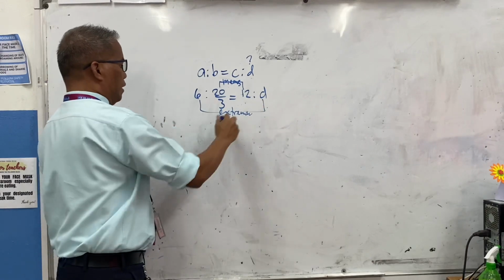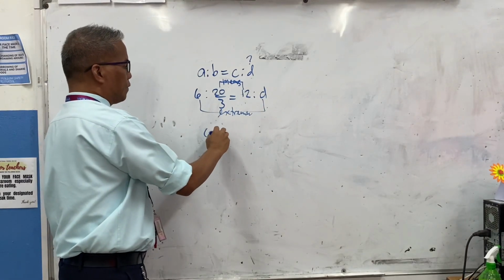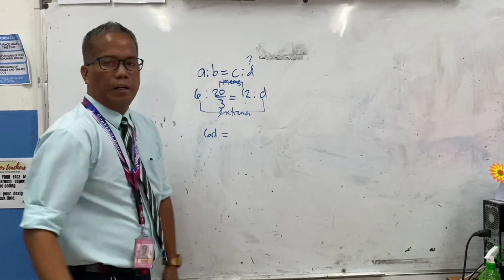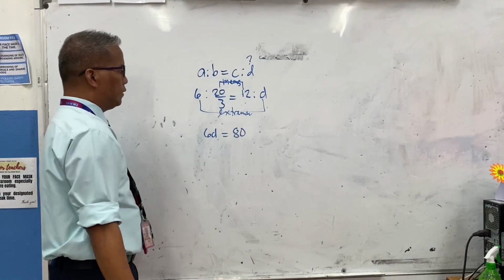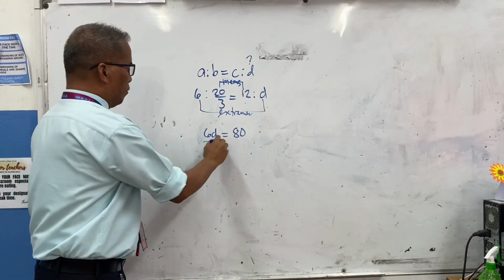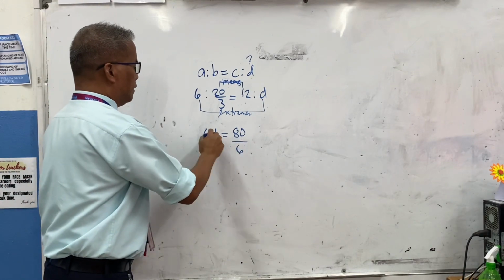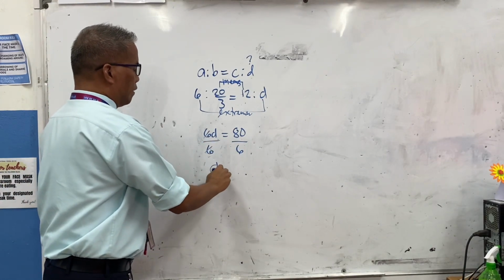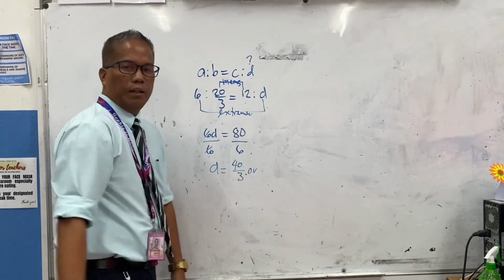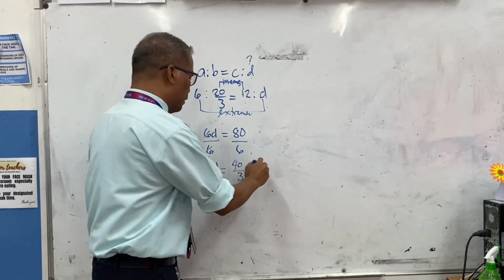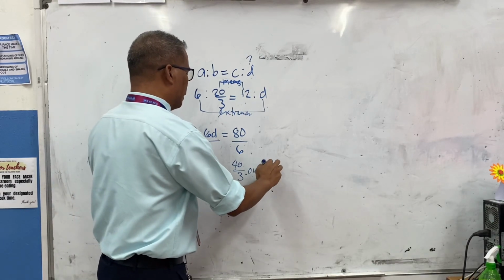So 6 times D is equal to 6D, then equals 20 over 3 times 12, which is 80. Then divide both sides by 6. So D is equal to 40 over 3, or in decimals, 13.33.